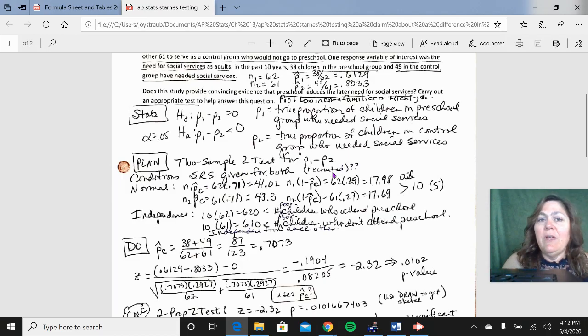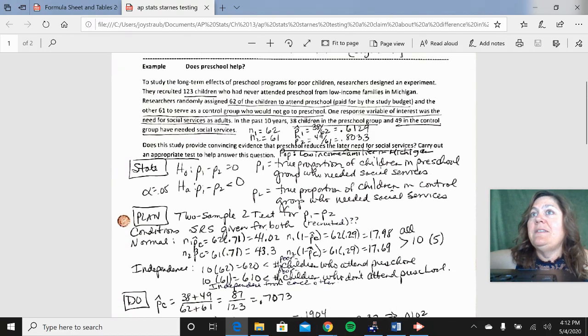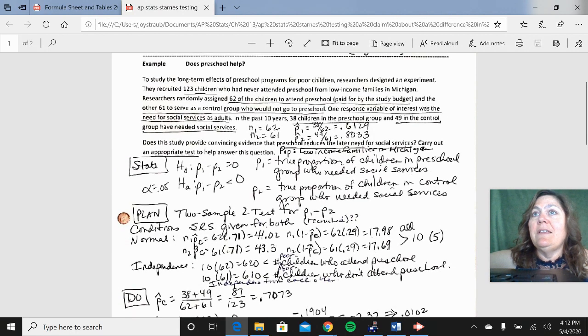This one, I'm not so sure that was an SRS because it says they recruited them. So either way you wrote that would be interesting. You could have written proceed with caution, and I probably would also, okay? Because it doesn't say in here, except for the fact that they randomly assigned them to the experiment group.